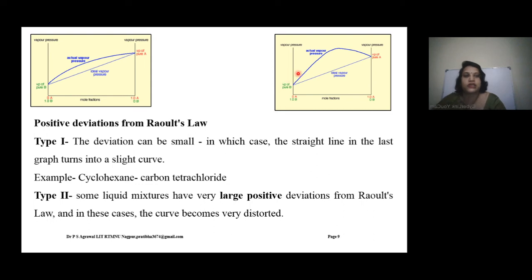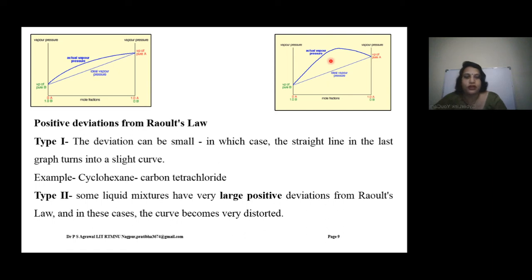The total vapor pressure rises to a maximum higher than any pure component. Whatever may be the vapor pressure of the pure component, the mixture is showing maximum vapor pressure above that. So this fact also we have to consider while considering the distillation process.